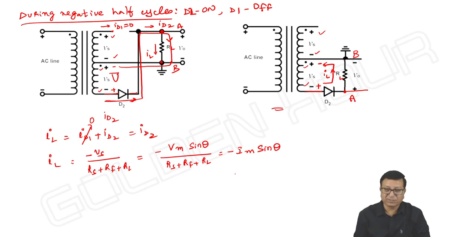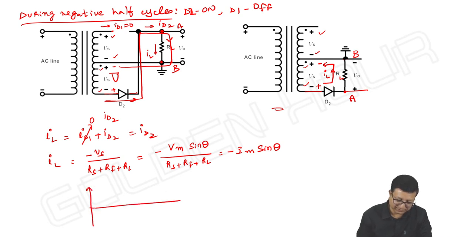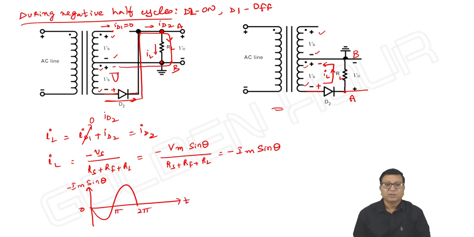Minus Im sin theta, how does it appear? If you take minus Im sin theta, it is something like this. From pi to 2 pi, the second half cycle, minus Im sin theta is positive.